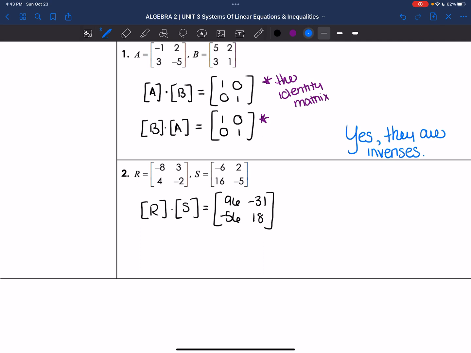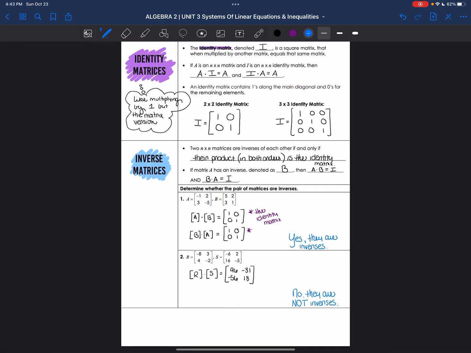So that is a hard no. They are not inverses because their product was not the identity matrix.